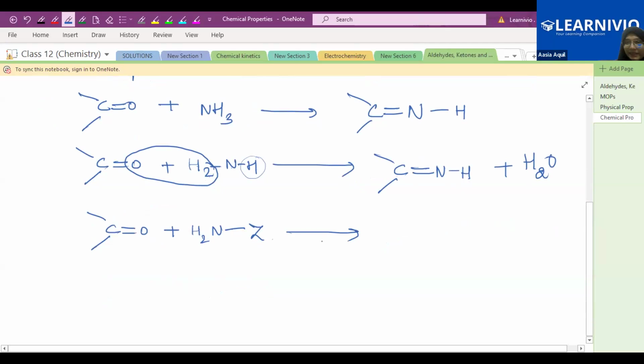The mechanism is very simple. These two hydrogens plus this oxygen combine and the water will be removed out. Dehydration will occur.